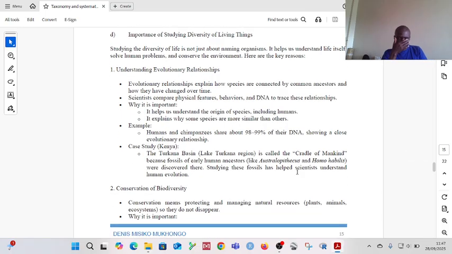We've seen the causes, but what is the importance of studying the diversity that is present in living things? So when you are studying diversity that is present in living things, you are not just interested in the naming of those organisms, but through studying the differences, you end up understanding life itself.